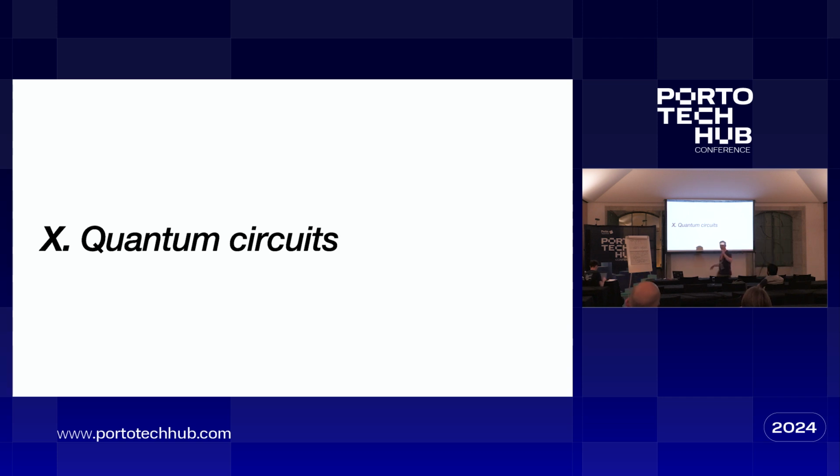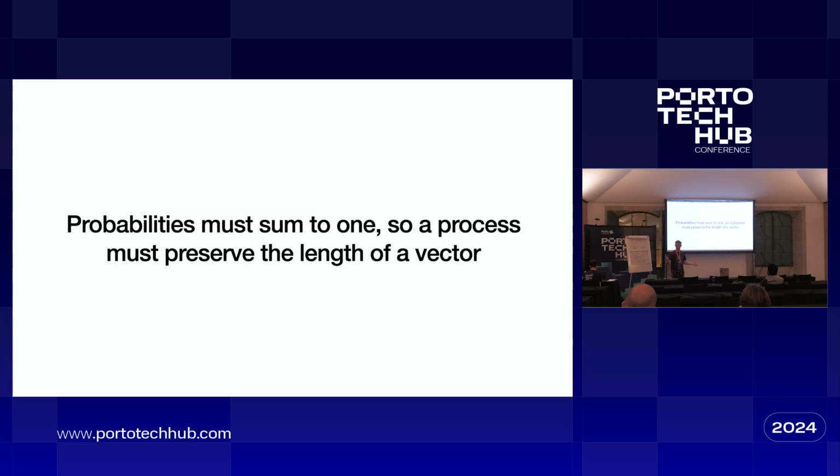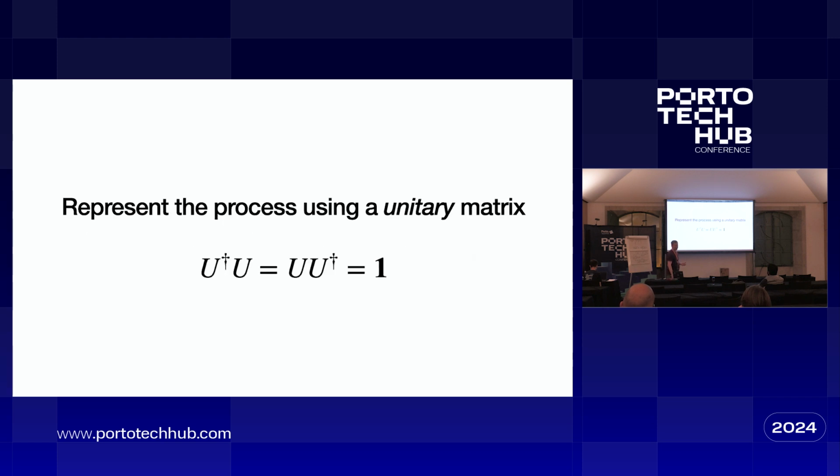Okay, what I'm saying is it has to preserve probabilities. We want probabilities summing to 1 coming out at the end. So it's got to preserve the length of a vector, which corresponded to the sum of probabilities. The matrices which are like that in a complex vector space are called unitary matrices, and they are identified by the fact that they satisfy that property: U dagger U gives me back the identity matrix.